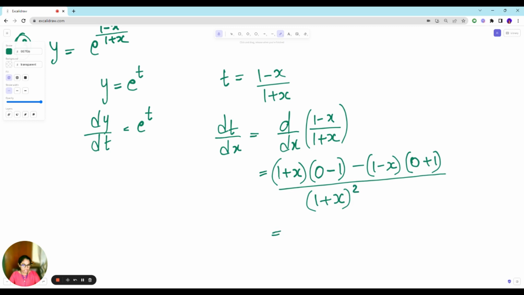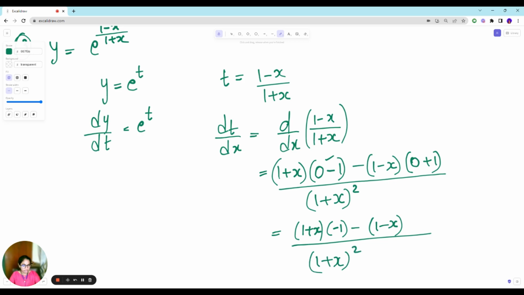What is the final answer now? Let me give this negative sign to each term of this bracket. Or let me write down one more step. (1 plus x) into negative 1 minus (1 minus x), divided by (1 plus x) the whole square.